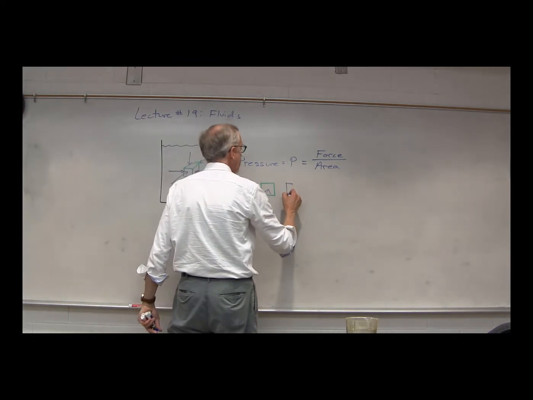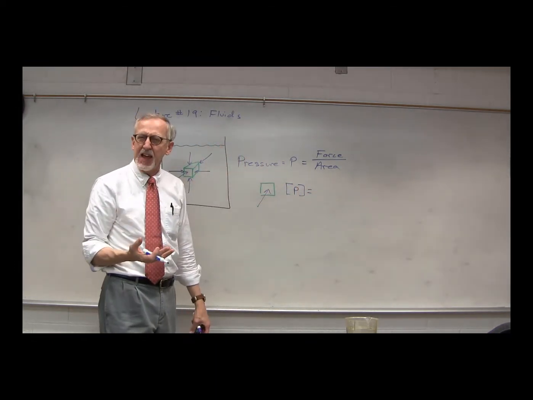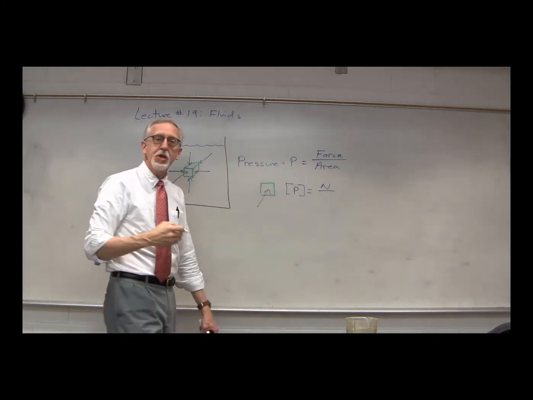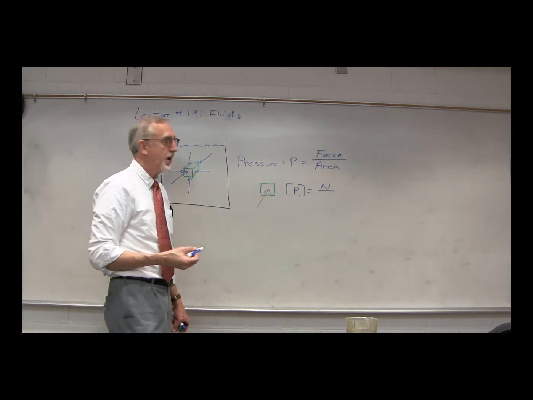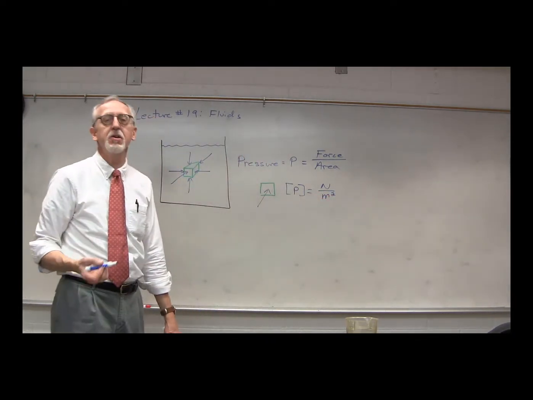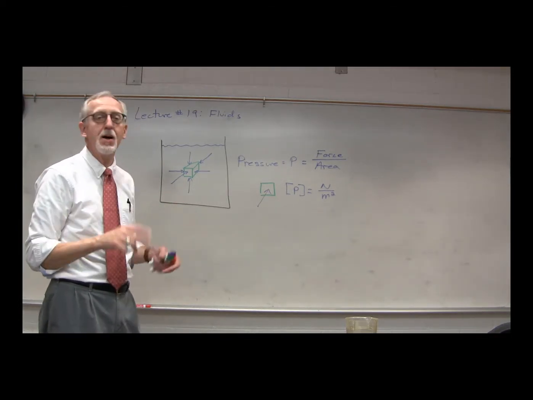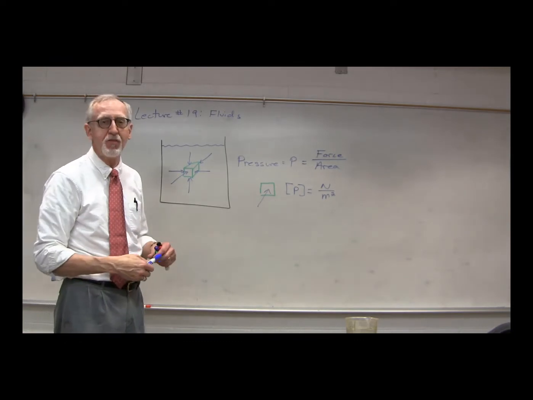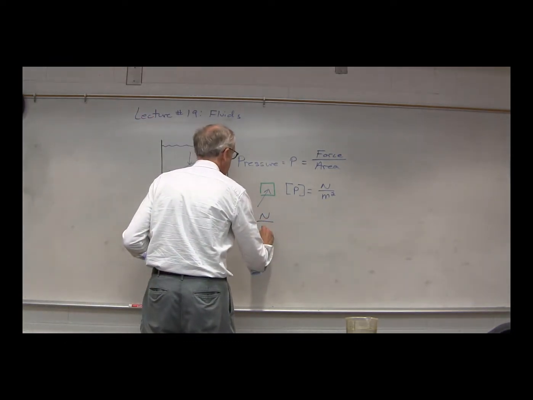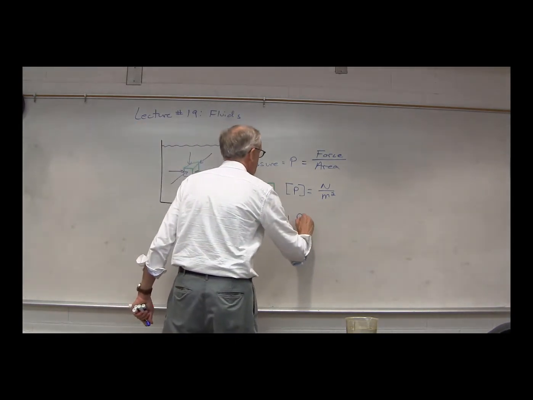The units of pressure will then be the units of force, so the standard SI unit would be a Newton, divided by the units of area. The standard SI unit for an area would be meters squared, so the standard SI unit for pressure is a Newton per meter squared. Now that combination of units is something we're going to be using often enough that it's got its own name. 1 Newton per meter squared is called a Pascal.